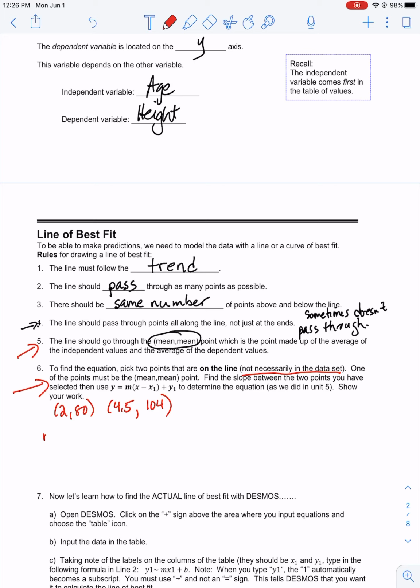So first thing I need to do is find the slope. So the slope, remember, is delta y over delta x. So you do the differences of your y's. Oh, no. Forget that I just said that. Let's do that again. This is x1, y1, and this is x2, y2.